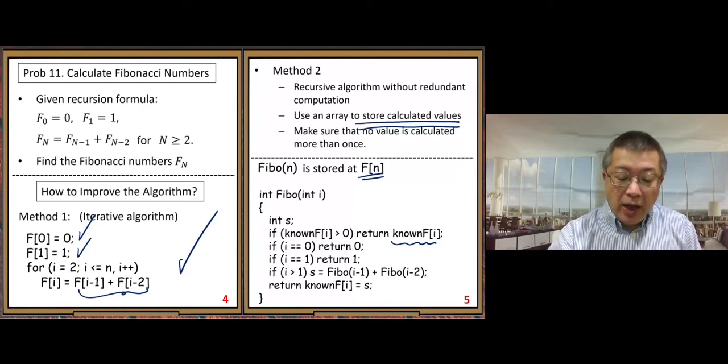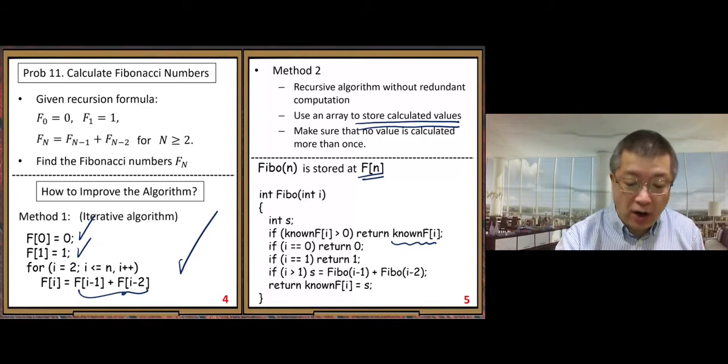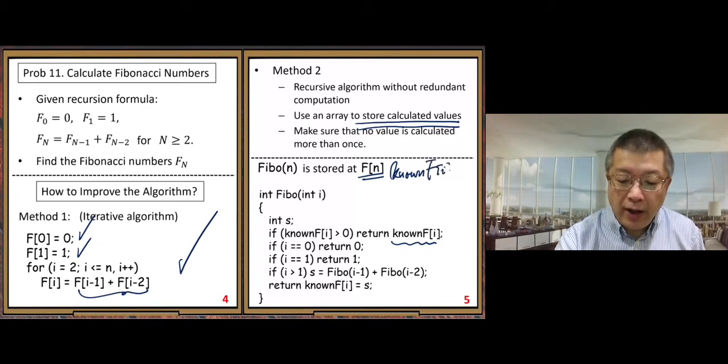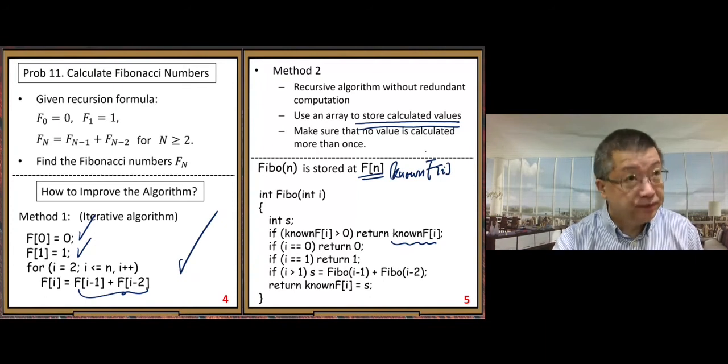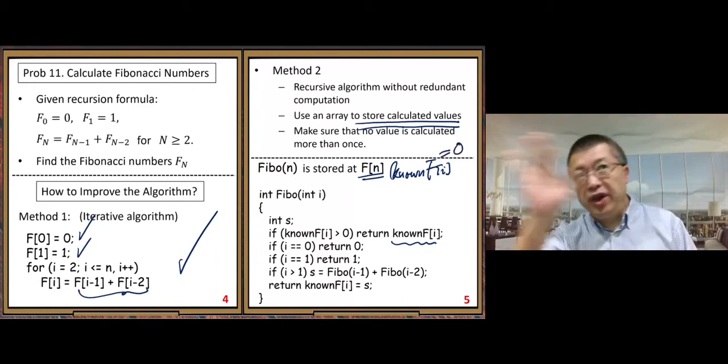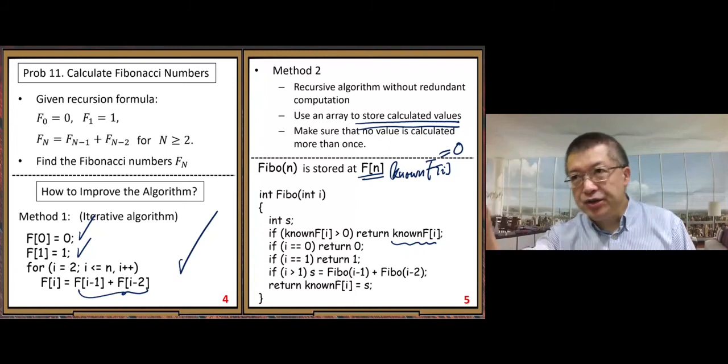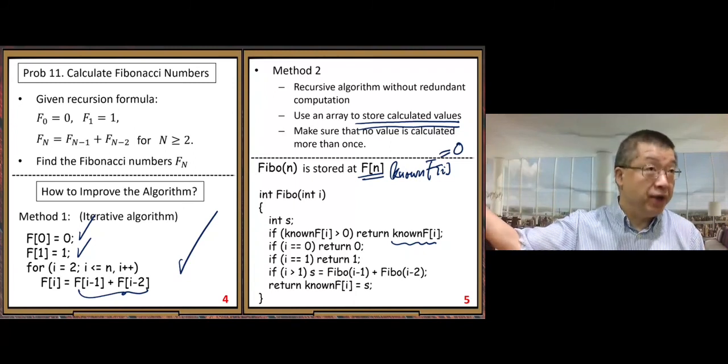At the beginning, before we start, we create that known f array. At the beginning, we initialize all elements to 0.